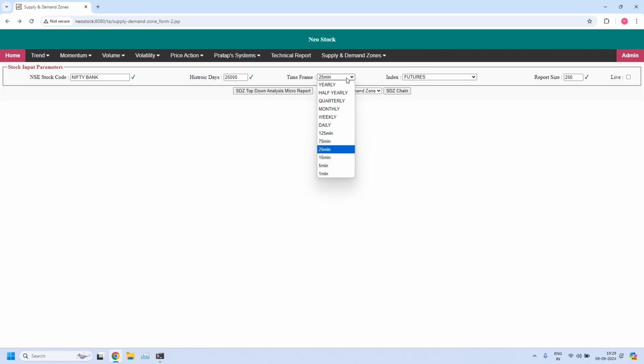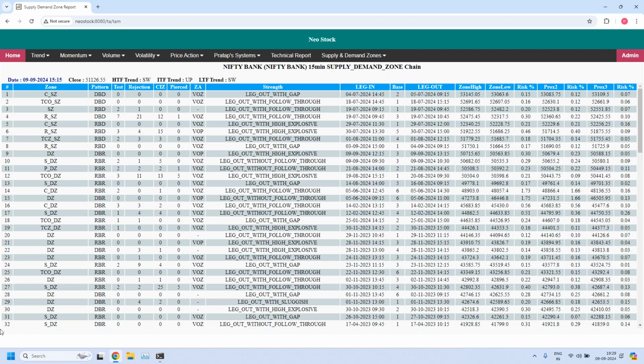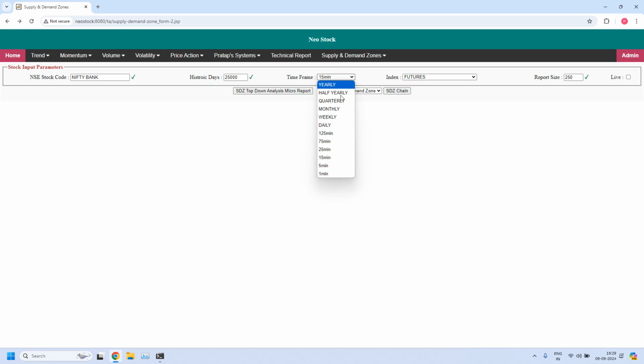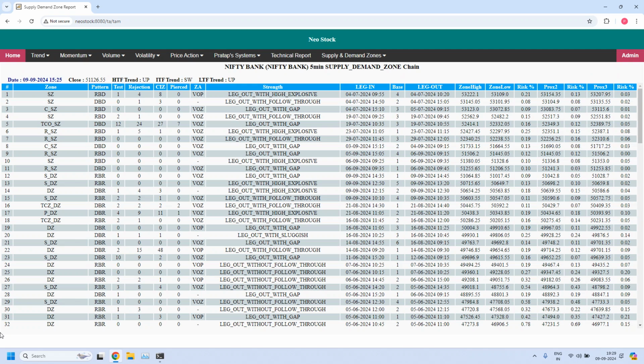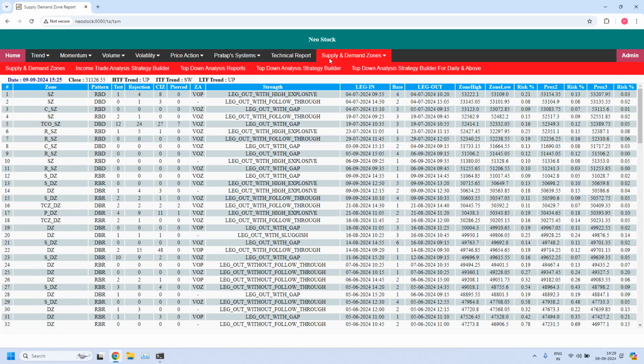Next time frame is 15 minutes, generating the 15 minute supply demand zone chain for Bank Nifty. The next time frame is 5 minutes, generating the 5 minute supply demand zone chain for Bank Nifty. So with this we have completed the Bank Nifty supply demand zone chain.